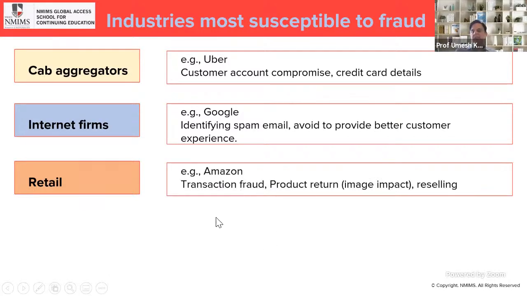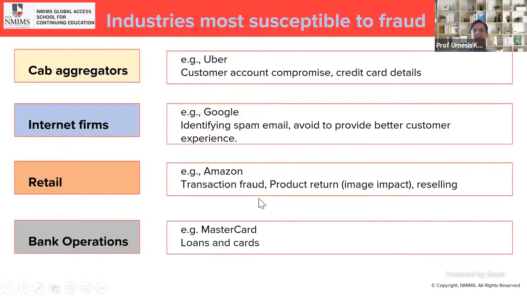Retail, with e-commerce on the rise, the Amazons and the Reliances of the world want you to transact on the e-commerce portal for what you want to buy. Bank operations and credit cards, lastly, where you are either giving a loan or a credit card, either a MasterCard or a Visa, are susceptible to fraud as well.